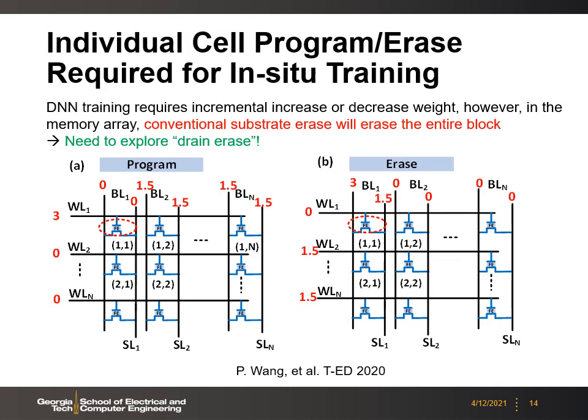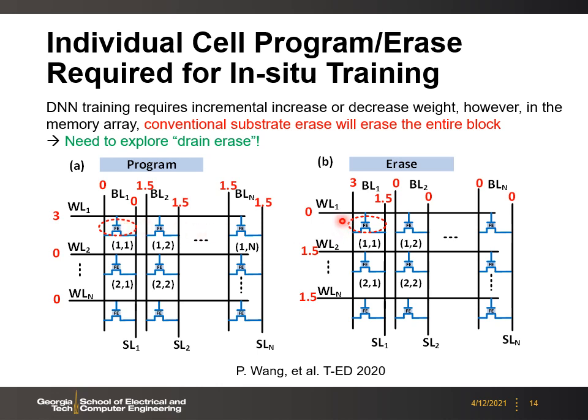So here is a proposed programming and erase scheme to enable individual cell weight update in the FeFET array. Here we can see that we use the gate to program the device, where we apply 3 volts to the word line, and then we ground the source line and bit line. So the device will receive a positive potential drop across the gate stack. This will program the device.